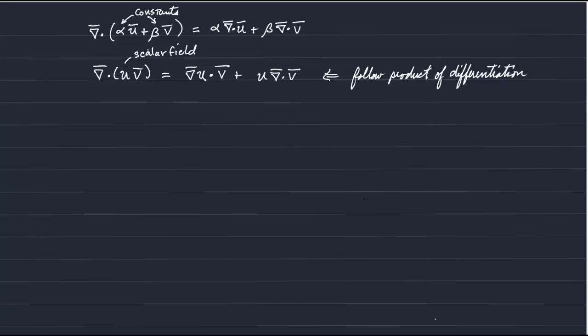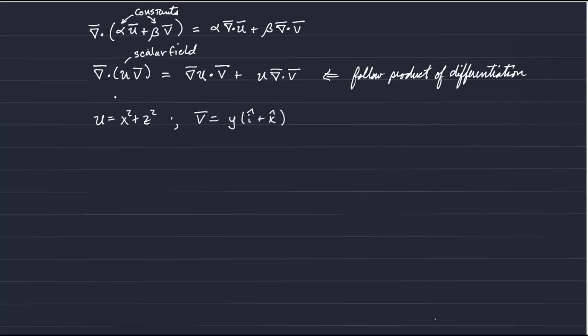Here we go. So suppose u is equal to, say, x squared plus z squared, and vector v varies only with y, and it has only an x component and a z hat or a k hat component.